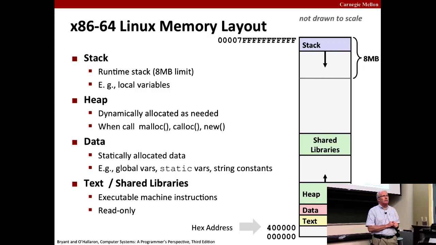Right now the machines limit you to only 47 bits worth of address in the address space. So 2 to the 47th, work that out, that's like 256 times 10 to the 12th. So it's 256 terabytes.